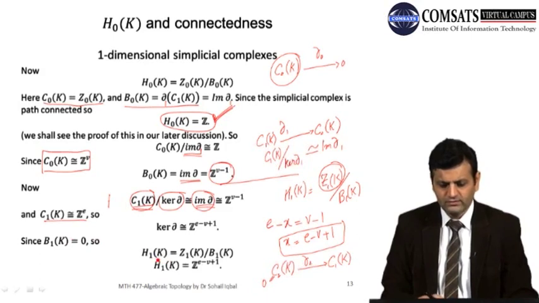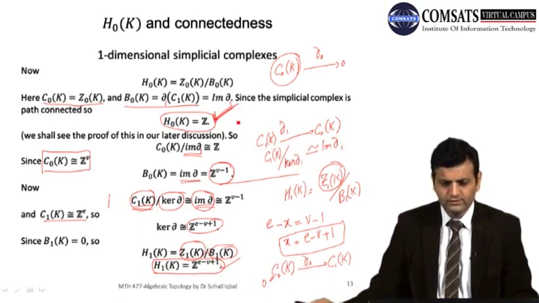And so H₁ becomes this. The rank of Z₁ we already calculated is E minus V plus 1, and B₁(K) is 0, so taking the quotient, we get E minus V plus 1 copies of Z. So we calculated H₁(K). We use this result, which we shall prove in today's lecture, to calculate H₁(K) in this simple example of one-dimensional simplicial complexes.